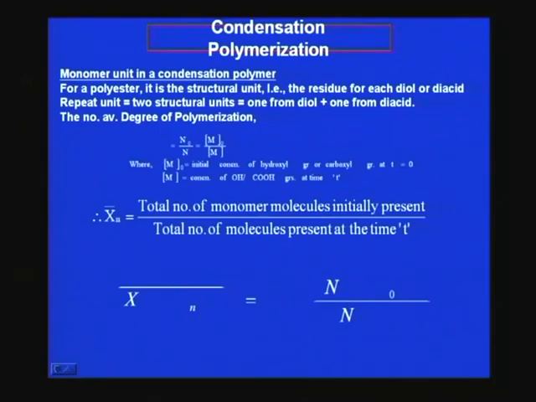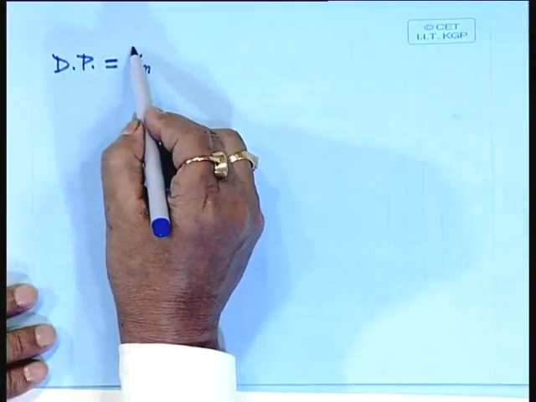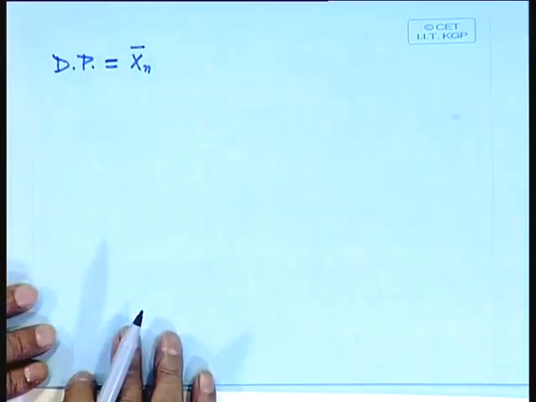So, degree of polymerization here, for the sake of simplicity, we write as number average degree of polymerization. We will clarify later what we mean by number average molecular weight. There are other average molecular weight designations: weight average molecular weight, viscosity average molecular weight.